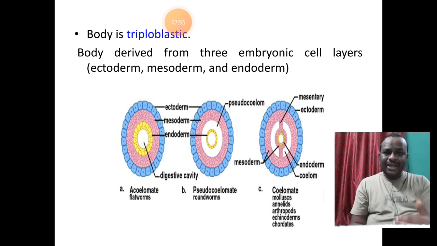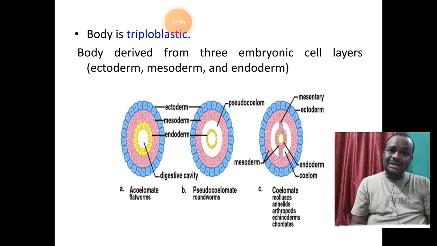Regarding body conditions, the body of annelids is derived from 3 embryonic germ layers, namely the outer ectoderm, middle mesoderm and inner endoderm. When the body of an organism is formed from all 3 germ layers, it is called triploblastic.